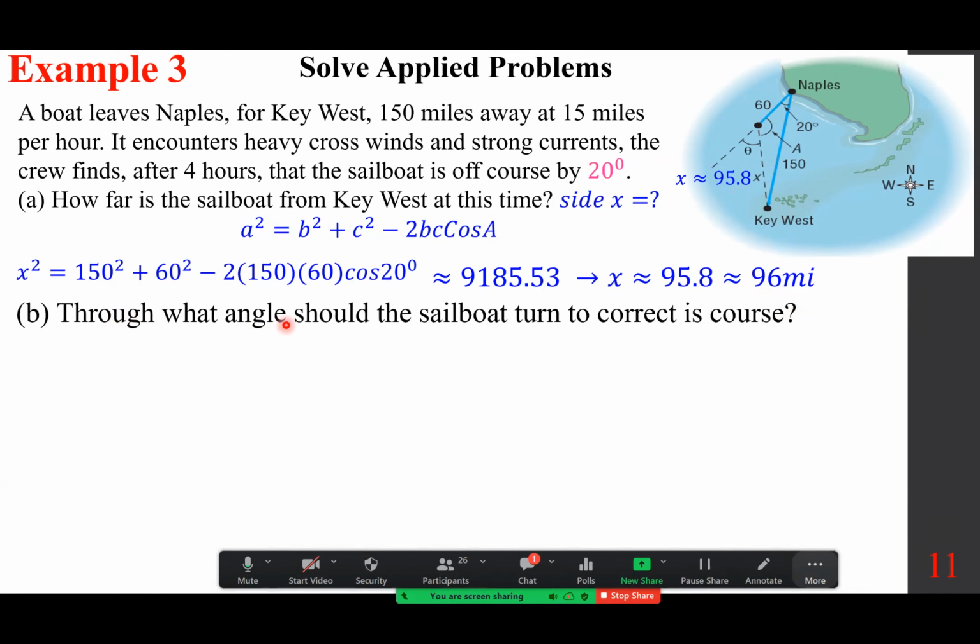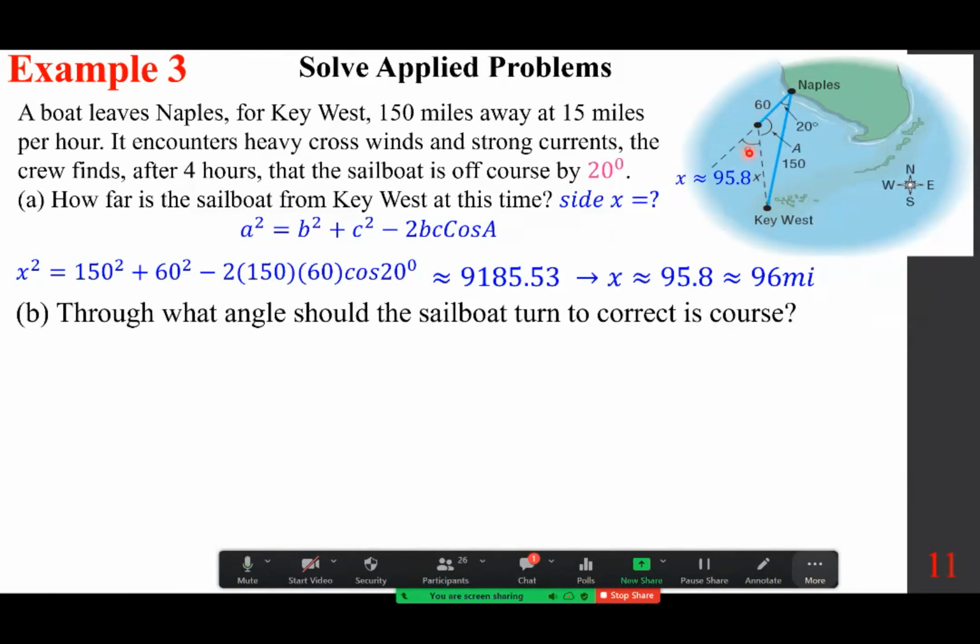Through what angle should the sailboat turn to correct its course? So we are going this way. So we have to make some adjustment, this angle theta, in order to get to the Key West. So we need to find the angle theta.